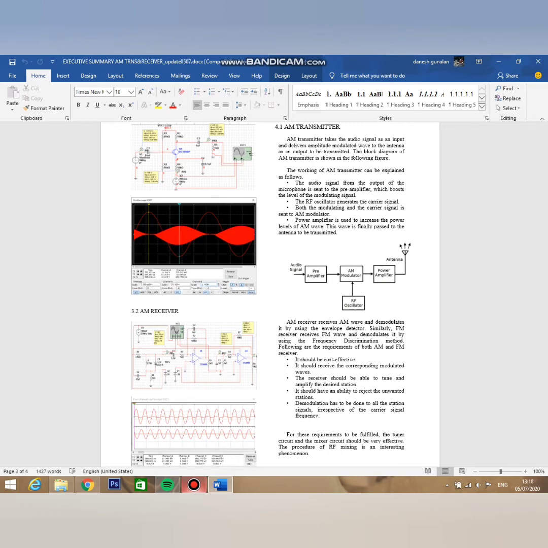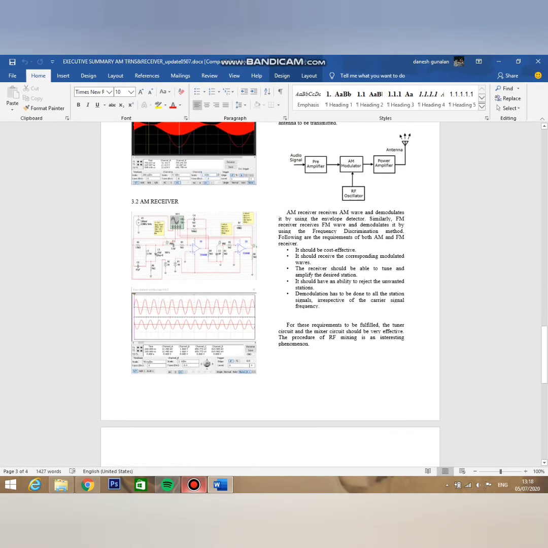The RF oscillator generates the carrier signal. The modulating and the carrier signal are sent to the AM modulator, and the power amplifier is used to increase the power level of the AM wave. This wave is finally passed to the antenna to be transmitted. So this is the block diagram, and you can see the pathway of the transmitter.